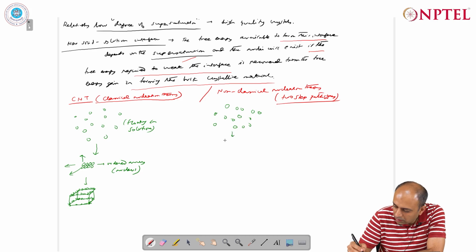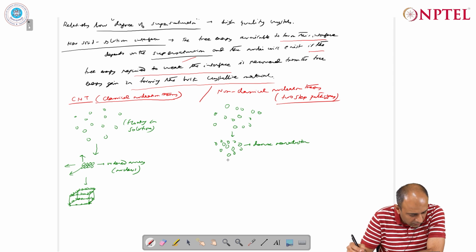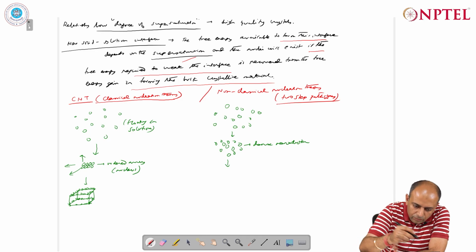Initially, they form a dense nanocluster, and from this nanocluster what emerges is a nucleus.